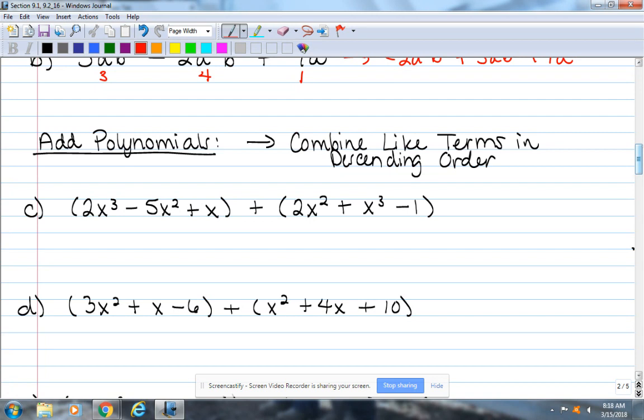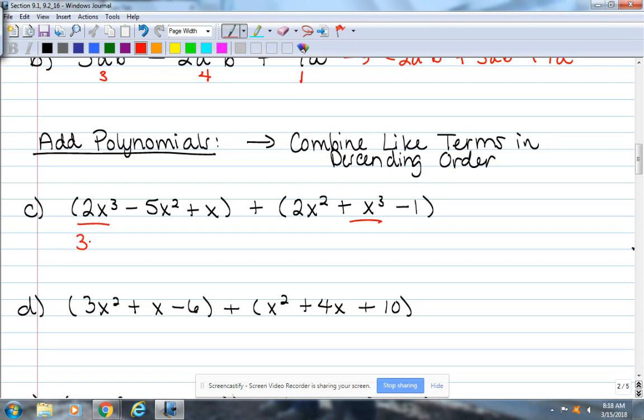So what's my highest exponent I see right here on this problem? X to the third power. So the first thing we're going to do is combine those. And when you combine, you add or subtract the coefficients, and you go by the signs in front of the coefficients. So what is 2x to the third power plus 1x to the third power? 3x to the third.